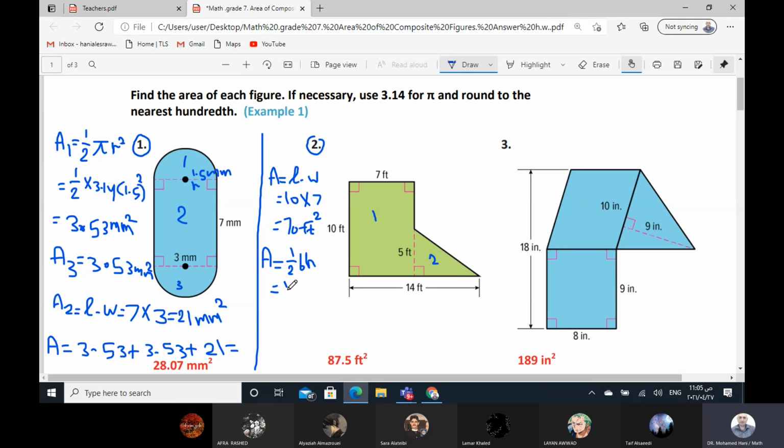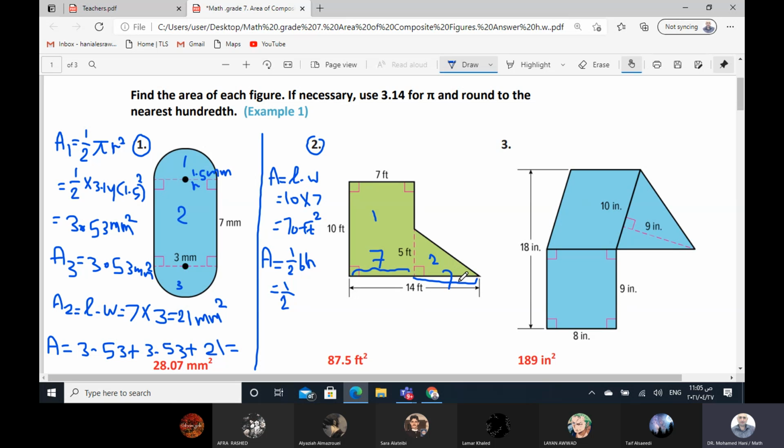So we have 1/2 times, this is the base, the whole side 14, and from here to here we have 7. 14 minus 7 will be 7.